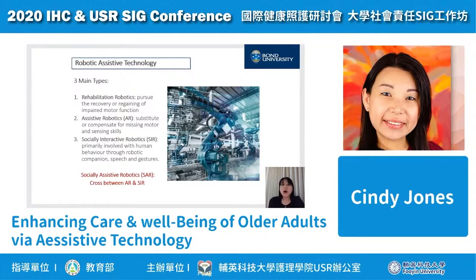Now, I do a lot of research in what we call socially assistive robotics, which is a very interesting area that represents an intersection or interplay between assistive robotics, AR, and socially interactive robotics, SIR. So the work that I do relates mainly to socially assistive robotics, which is a crossover between AR and SIR.